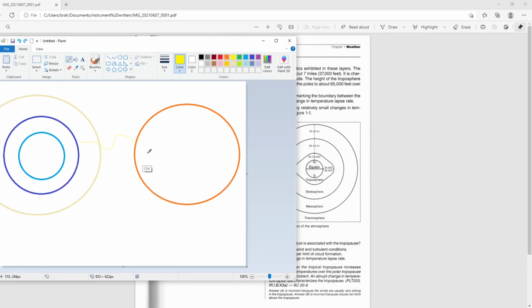Well, it turns out that there are actually three types of rays. Let's draw a thicker one. We've got our short rays, which are the UVC rays.